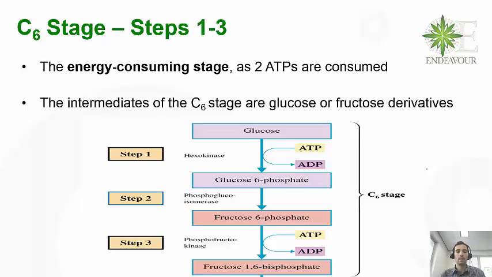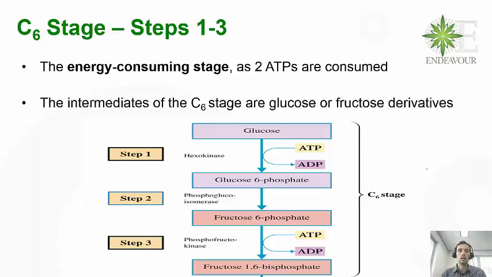By breaking ATP down to ADP, we release one of the phosphates, and this phosphate is the one that's added onto the compound. This is how glucose gets to glucose 6-phosphate. The phosphate comes off ATP and is added onto the glucose.